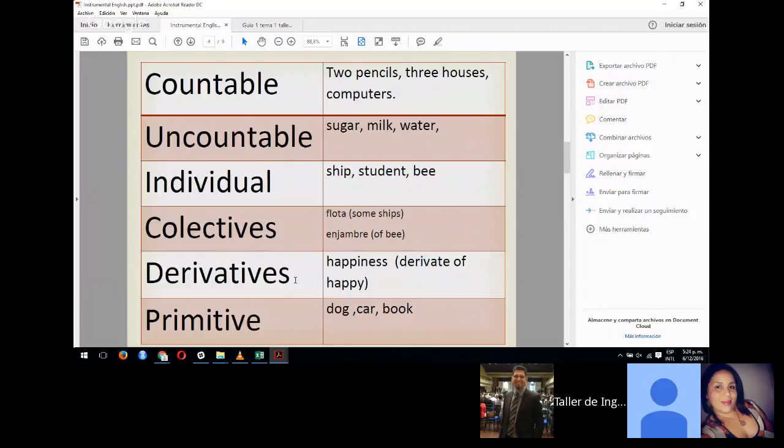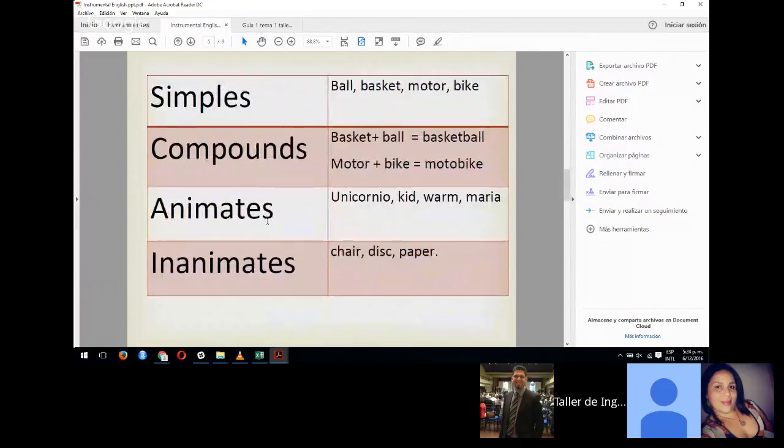For example, dog, car, book. Simple. A simple noun is a word that has just one part. For example, ball, basket, motor, bike.